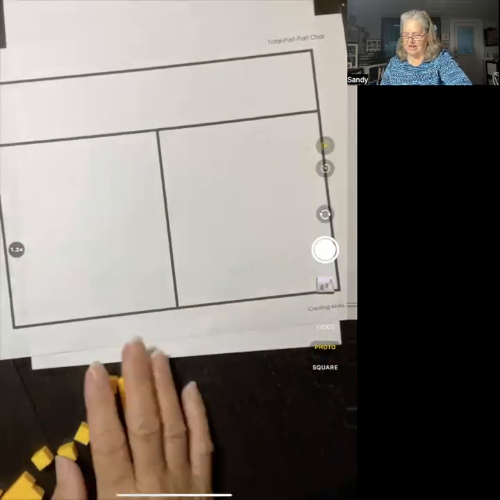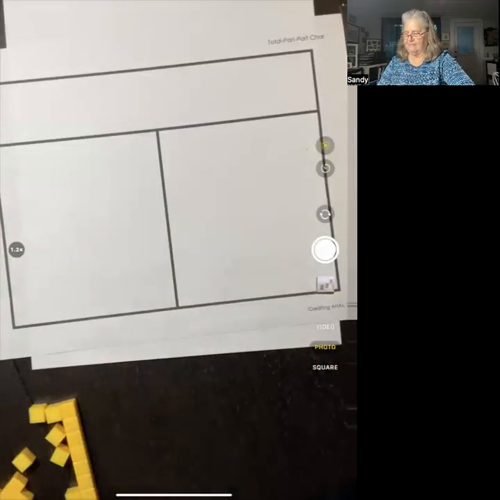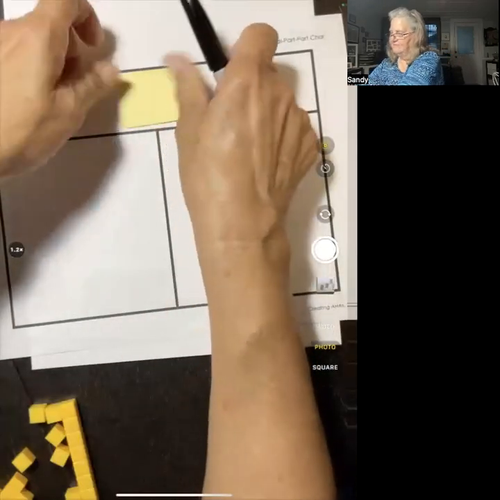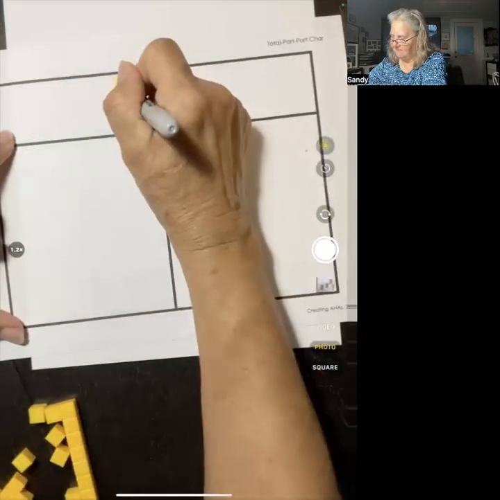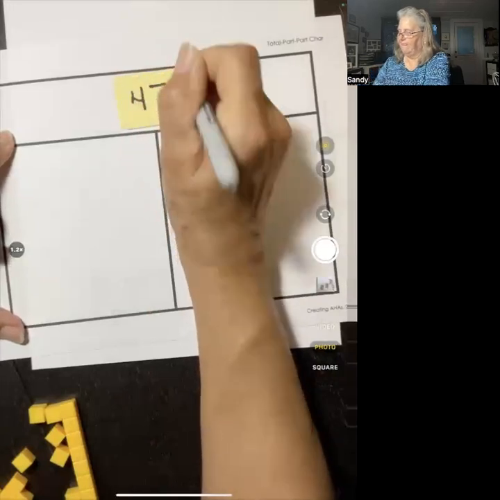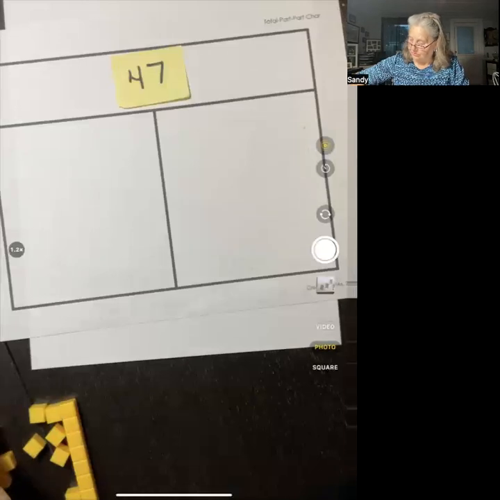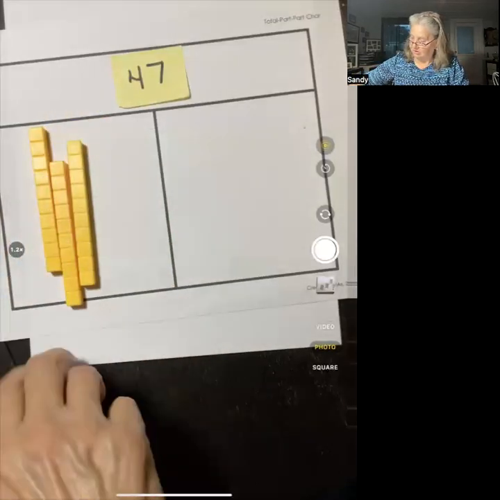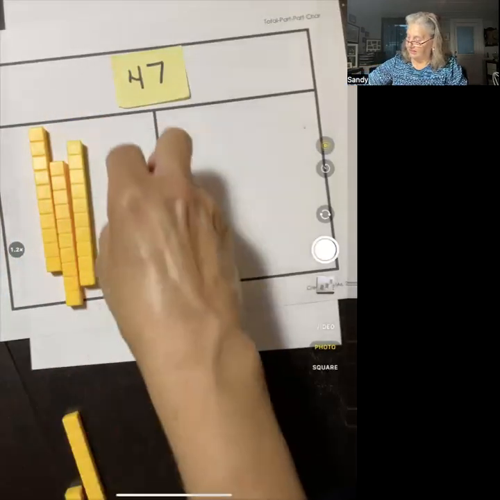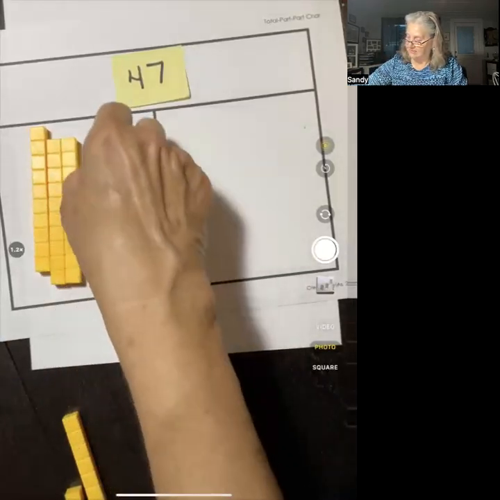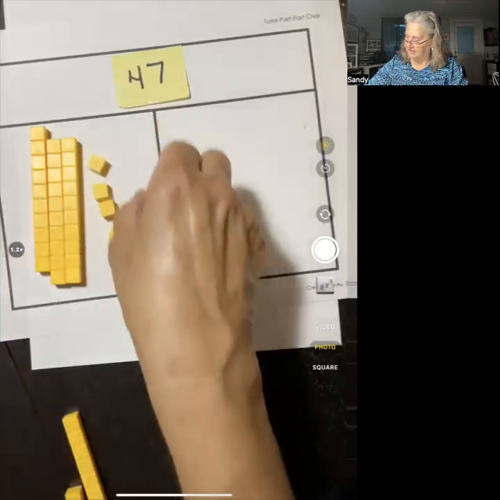I know I have a total. Let's do 47, I think was our total. I know I've got 32. Or let's start with 30. No, let's make it interesting. Let's start with 39.